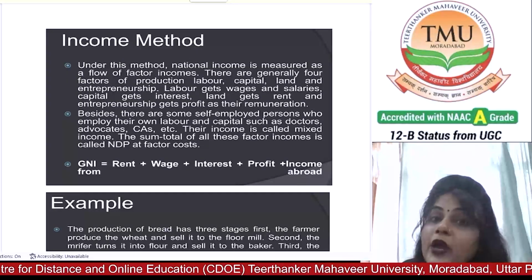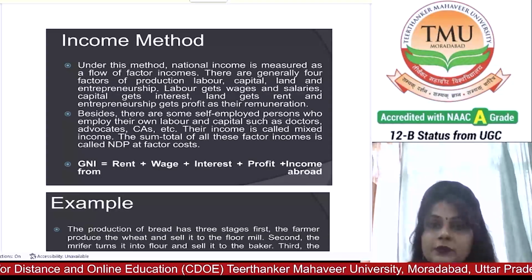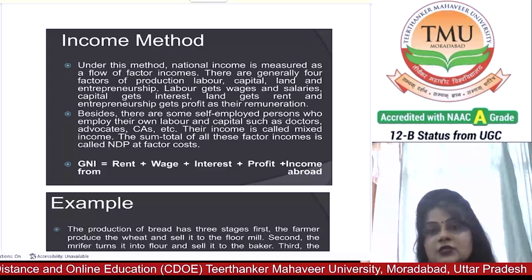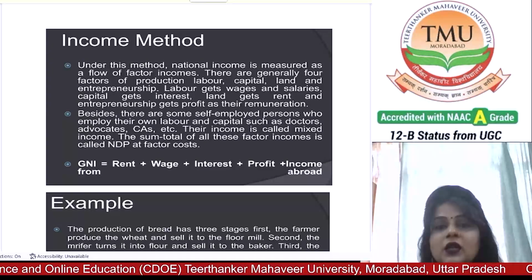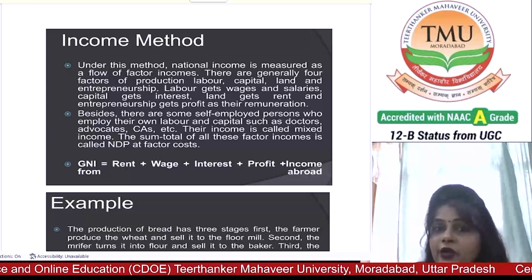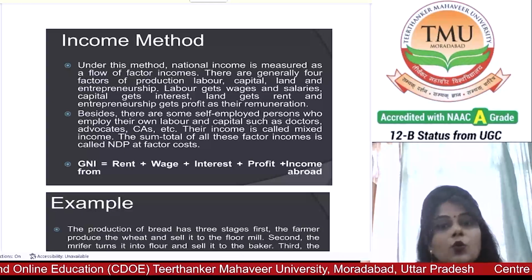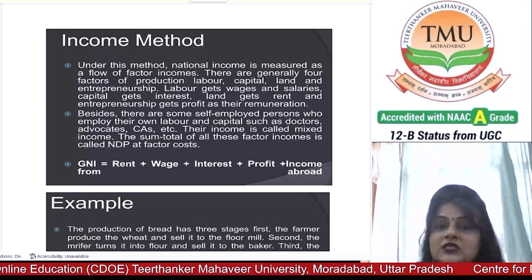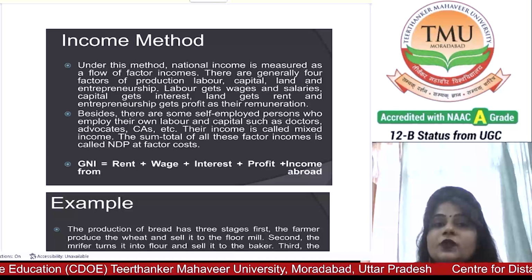Third, contribution to social security schemes. It consists of the employer's contributions to employee security, for example, contributions to gratuity, provident fund, labor welfare fund, etc. The main aim of these contributions is to ensure employee security.